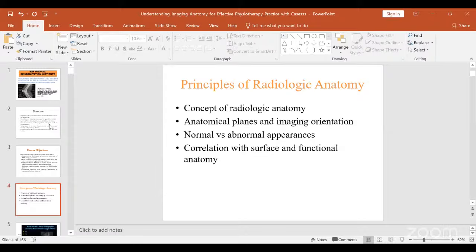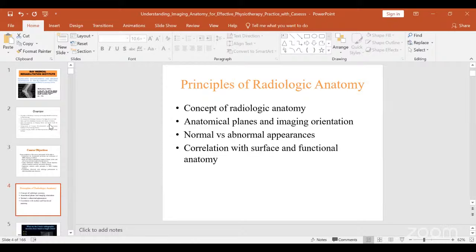Okay, and we also deal with some imaginations when we are approaching radiological images. We deal with what? Imaginations. Our images are produced in multiplanar orientations. So a structure can have different patterns of appearance across the same imaging modality, but at different planes.